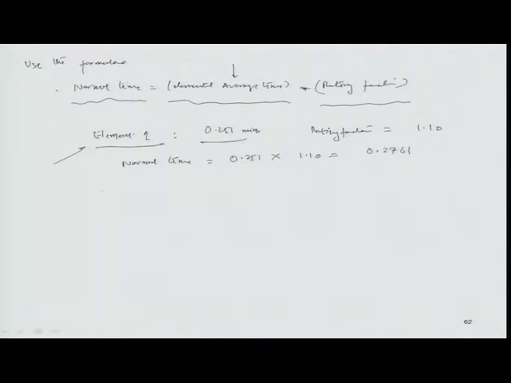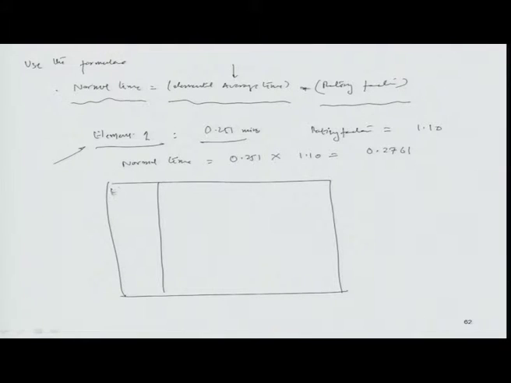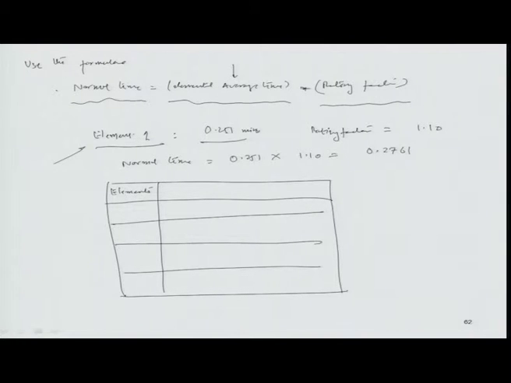Similarly, you could do it for multiple elements. I am going to make a table here which talks about different elements. So, you have elements listed here as 1, 2, 3, 4. There are 4 different elements listed here, and there are different time scales and rating factors associated.